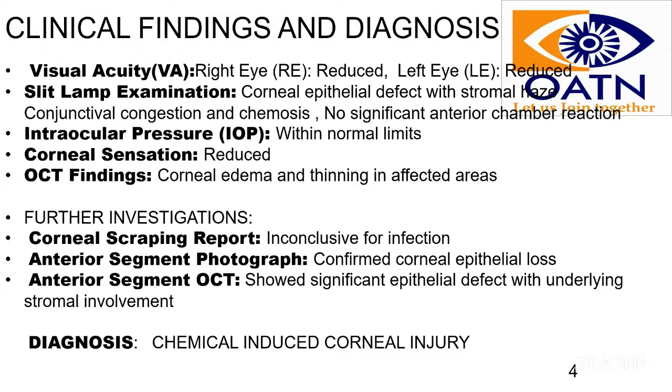On OCT findings, we see corneal edema and thinning in affected areas. Other findings include corneal staining. For further investigations, we are moving on to the corneal scraping report, anterior segment photograph, and anterior segment OCT.